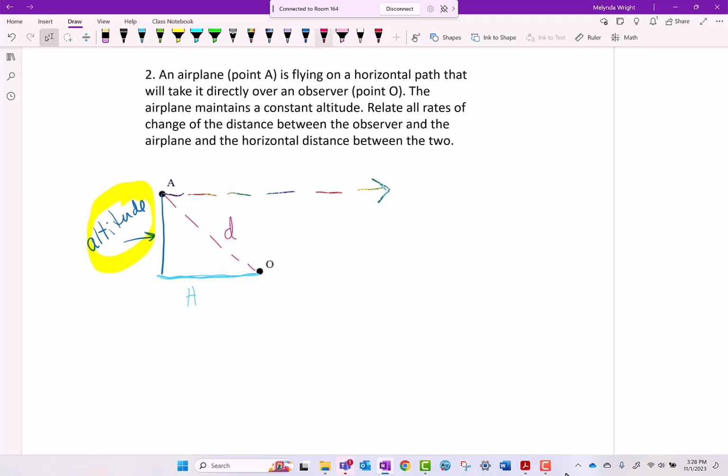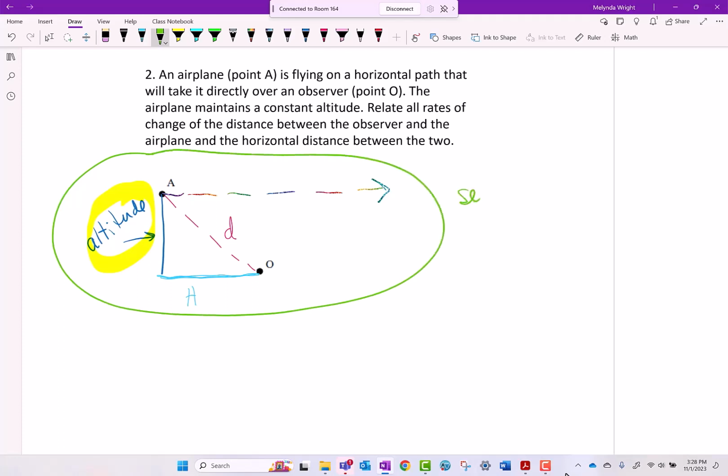Let's just circle this. This is the setup, steps 1 through 3. I drew my picture and put my variables in there. We're a little bit short of that because they don't give us numbers. This is just conceptual, so this is as much as we can do to set up.